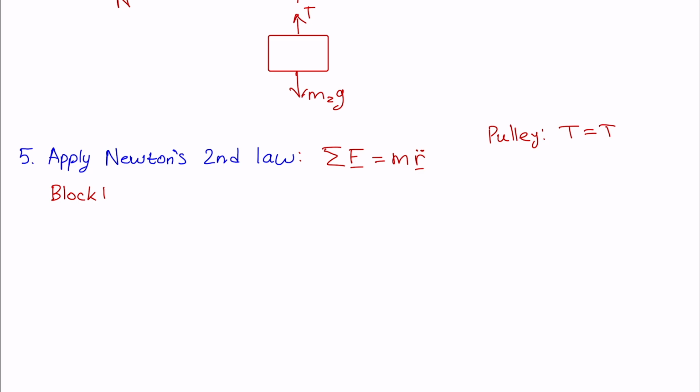Unless we had like a moment applied to it or it had some inertia, then we would actually have to apply Newton's second law to it. All right, so we'll just do block 1 here.